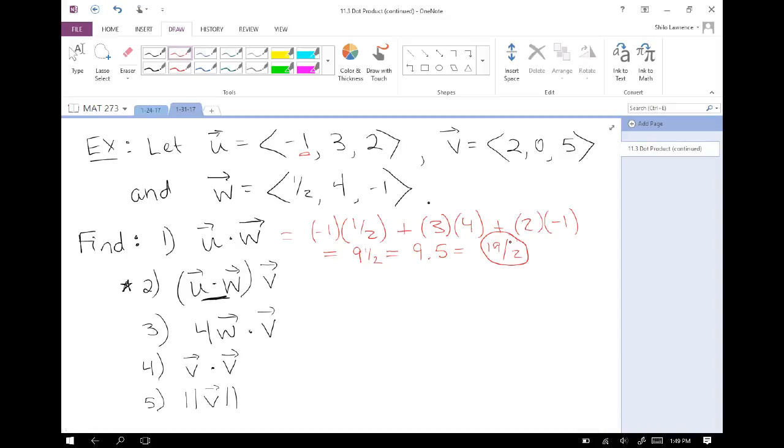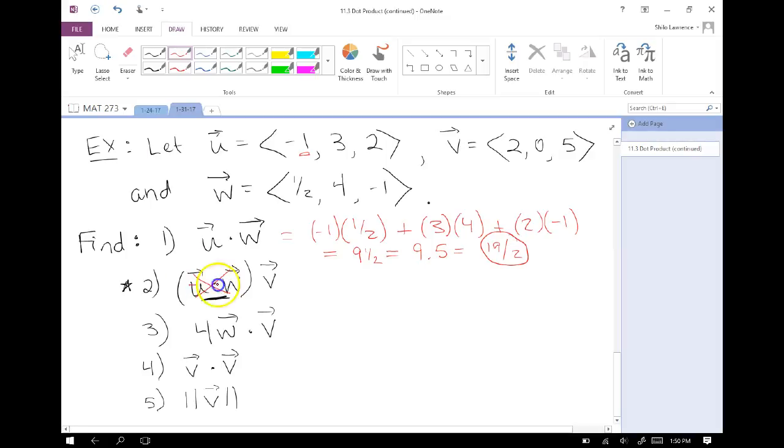Decimals are okay as long as they terminate, but that's not guaranteed every time, and they don't want you to end up rounding a non-terminating decimal. So the easiest way to write all of them in a matching format that will work is that improper fraction. So u dot w is 19 halves.